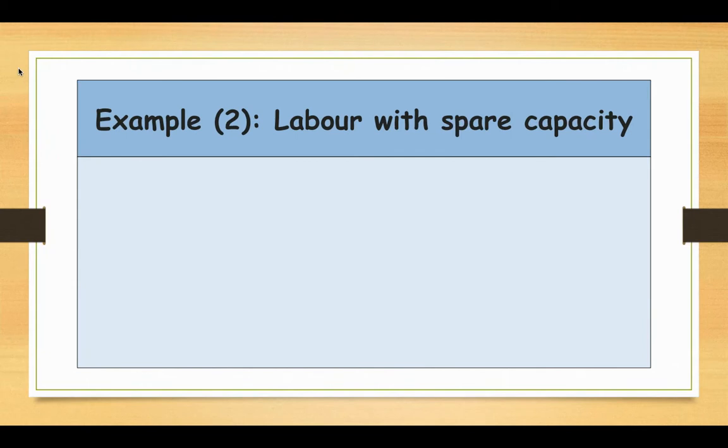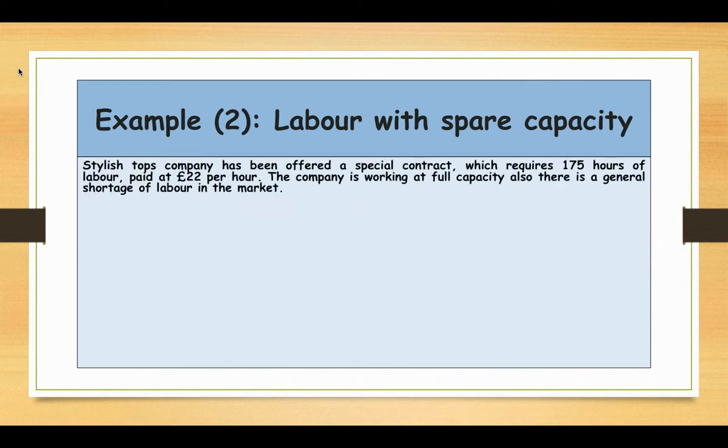We are going to look at another example on labor with spare capacity. So we look at the question. Stylish Tops Company has been offered a special contract which requires 175 hours of labor paid at £22 per hour.